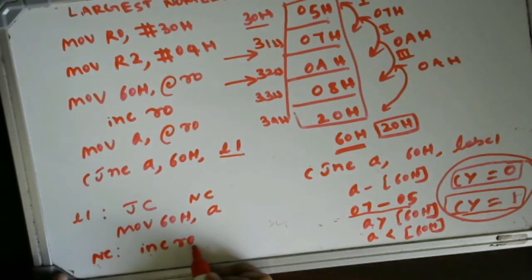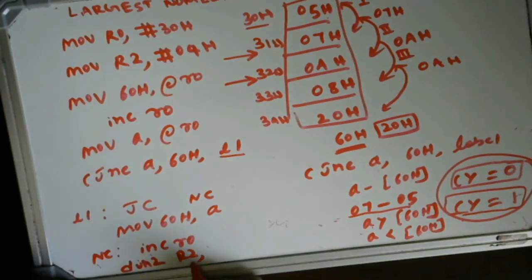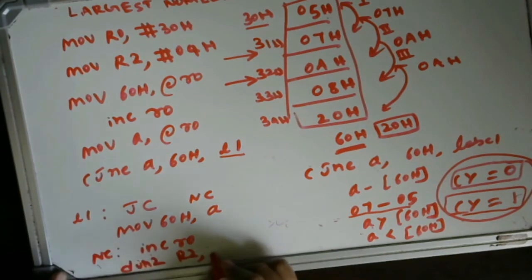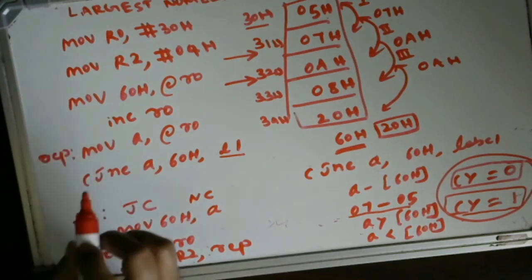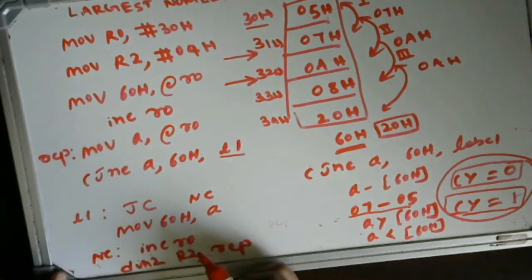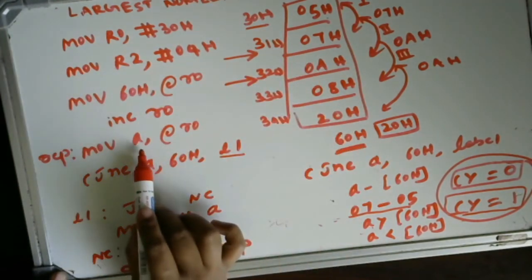We need to increment R0, and then check the content of the R2 register, whether we have done all the comparisons or not. If R2 is not 0, then we need to repeat from the instruction MOV A comma @R0, that is to get the data in the accumulator.